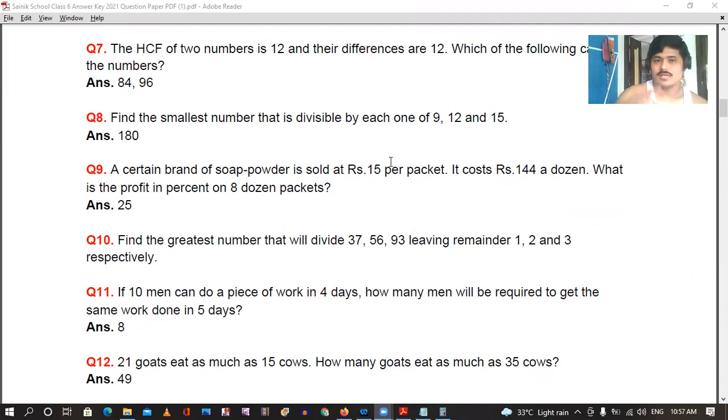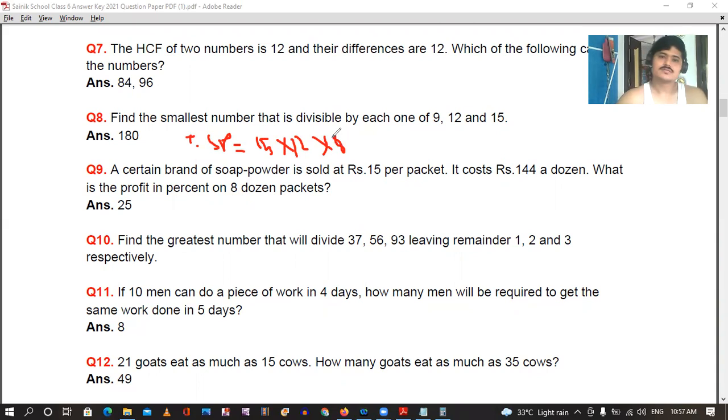Okay. He is selling 8 dozen, at 15 rupees per packet. Let's find the total selling price. Total SP is equal to one packet means 15, 1 dozen means into 12, 8 dozen means into 8.